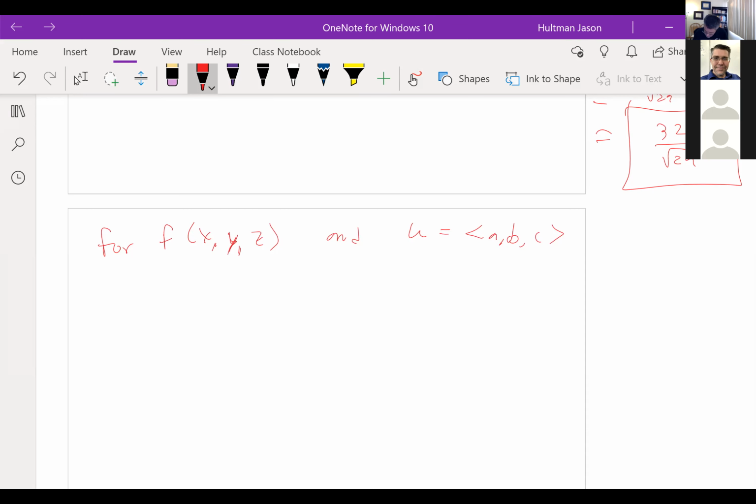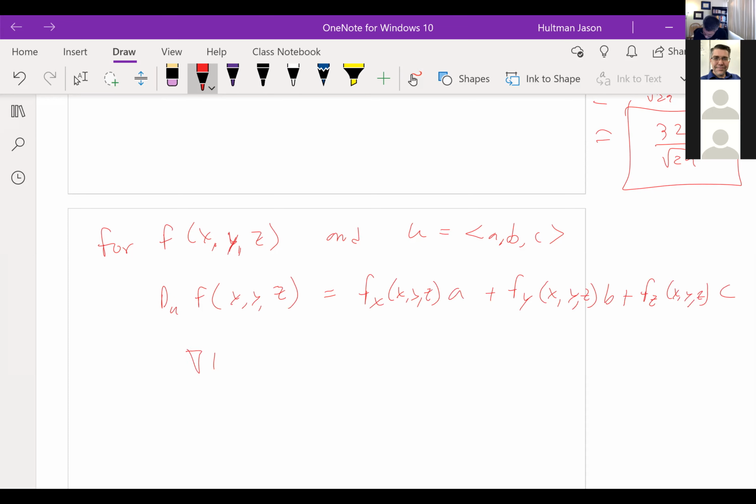Then the directional derivative D_u of f of x, y, z would equal f sub x of x, y, z times a, plus f sub y of x, y, z times b, plus f sub z of x, y, z times c.